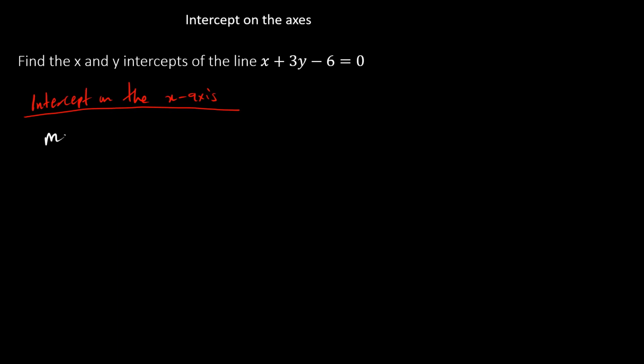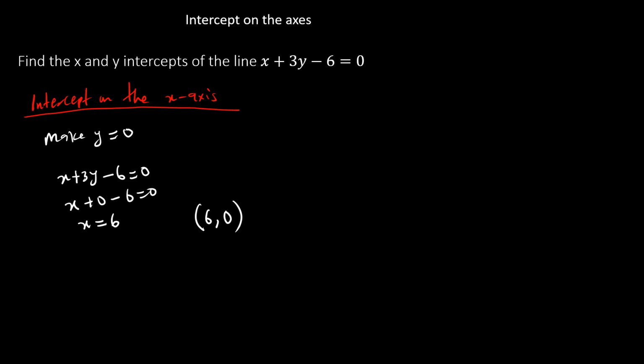We make y equal to 0. From the equation, we have x plus 3y minus 6 equals 0. If we put y to be 0, we have x plus 0 minus 6 equals 0, which leaves us with x equal to 6. And then the intercept on the x-axis will be (6, 0). Since we are writing the x-axis first, this is x and this is y that we put at 0.